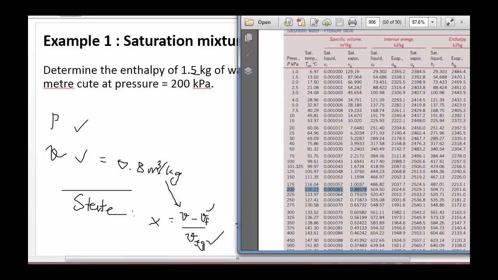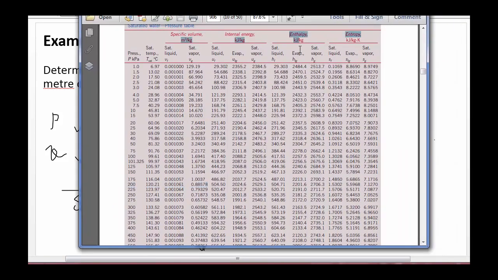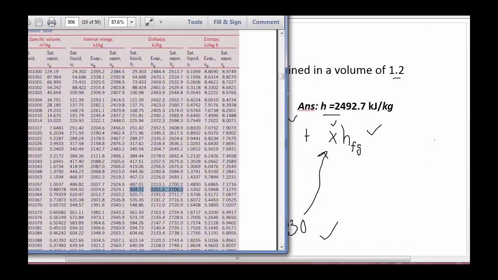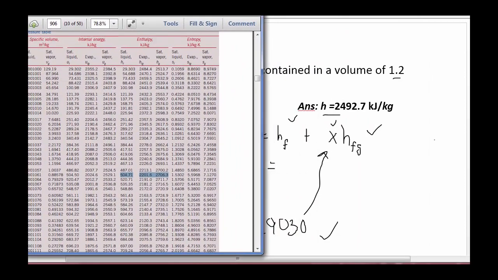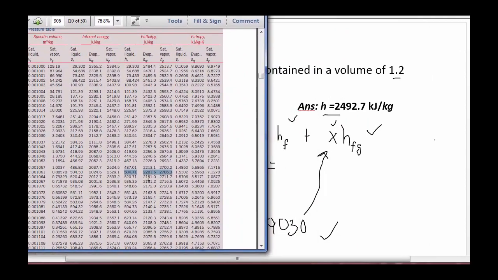So how to read your table? You open your table. You look at the enthalpy here for the hf and hfg. So your mathematical calculation should be 504.71 plus 0.9030 times 2201.6. You should get 2492.7.